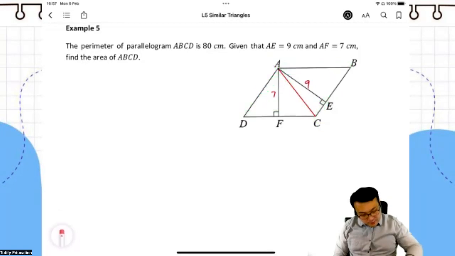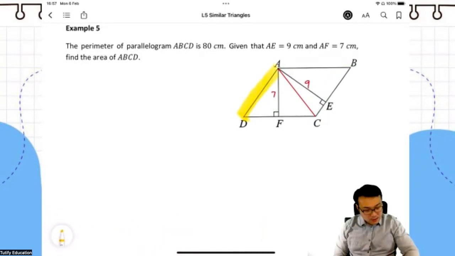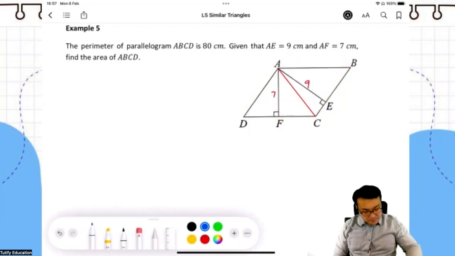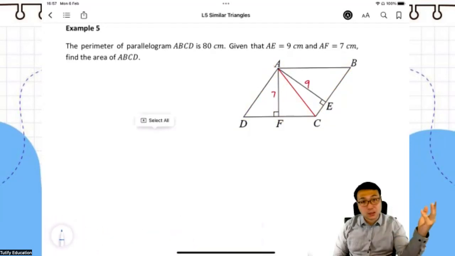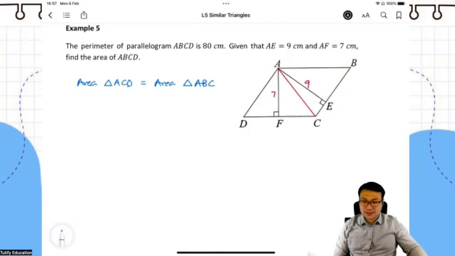So now, if I were to ask you, what is the relationship between ADC and ABC? We can say they are equal because the red line AC has already cut the parallelogram into half. So I can say that the area of triangle ACD equals the area of ABC.